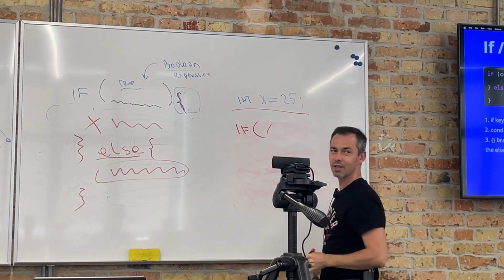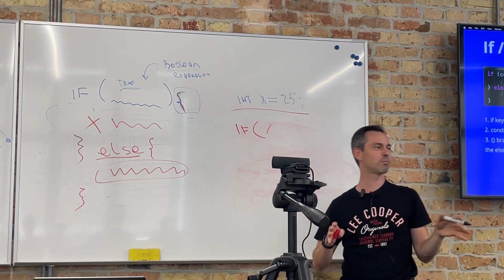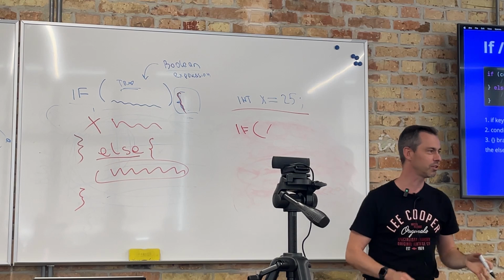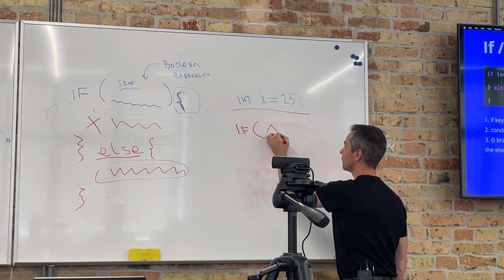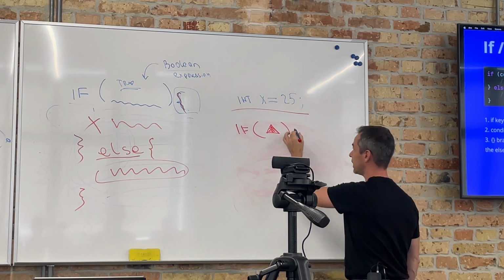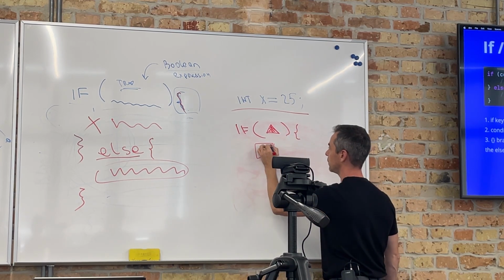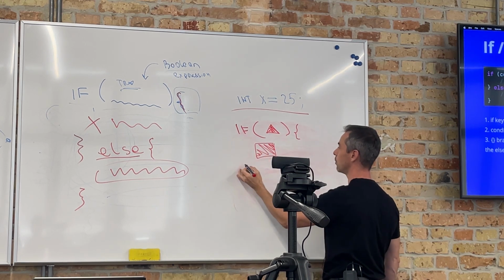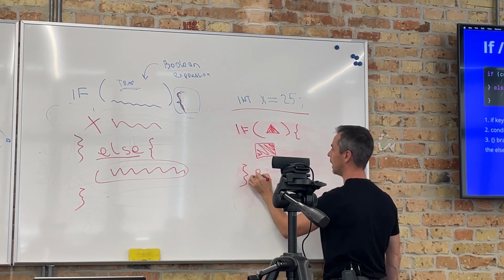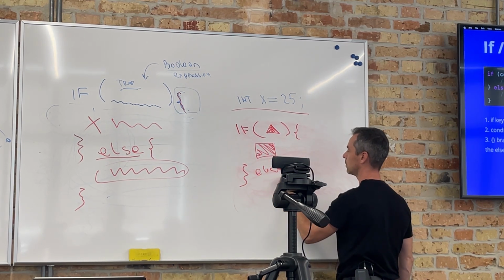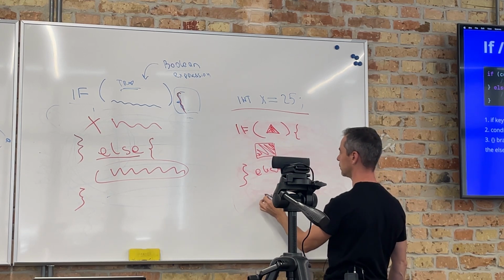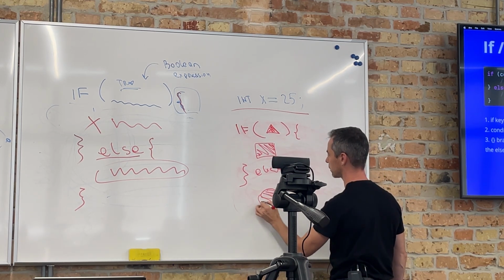Let me explain programming like I'm a 30-year-old child. So, triangle, then this black box or red box, else, and what is this circle.